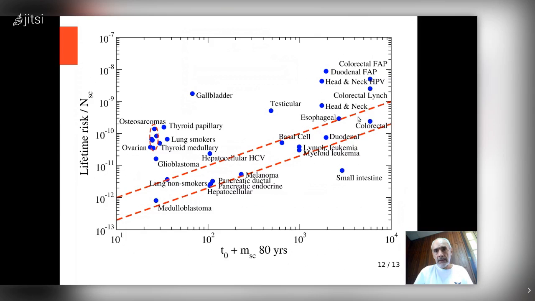This band of tissues is a band where the constant is in between 1 and 5. We call them the normal tissues. Notice that there are many tissues in this band. Tissues that are above it means that somehow the risk is enhanced as compared to normal. And tissues which are below, which in this case is only one, small intestine, are tissues in which the risk is below.